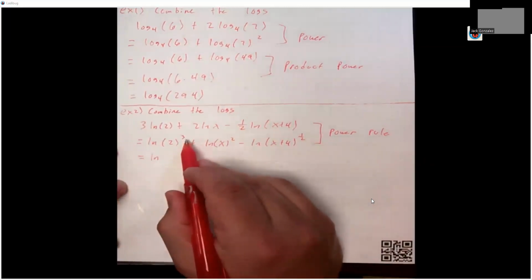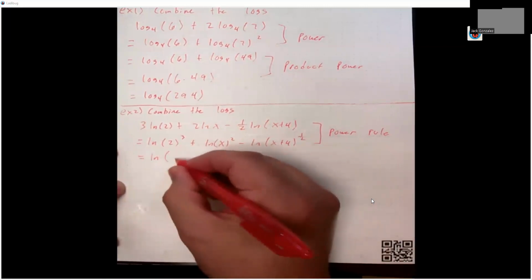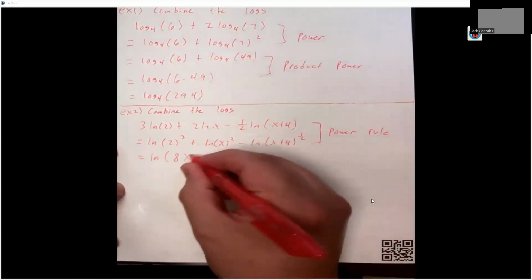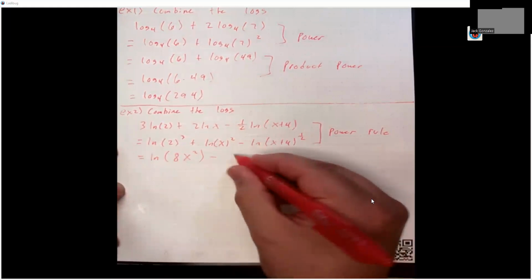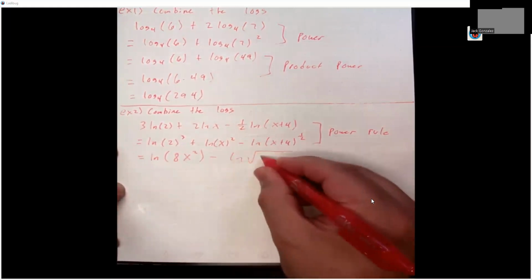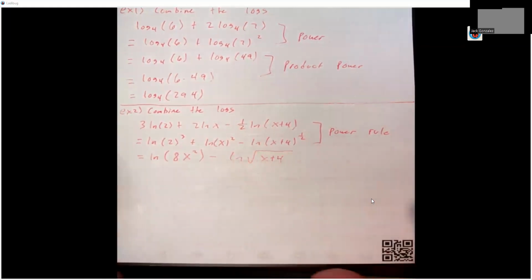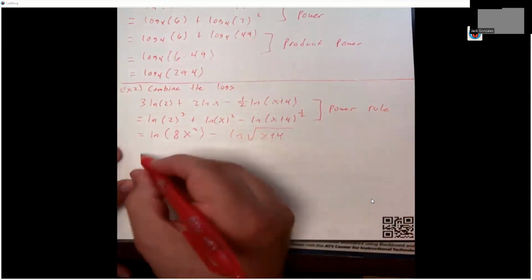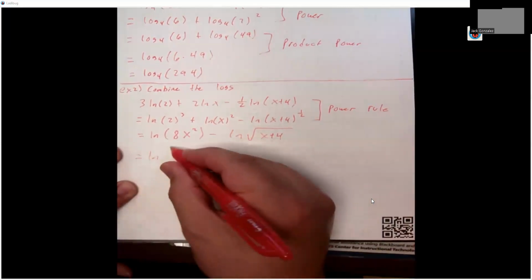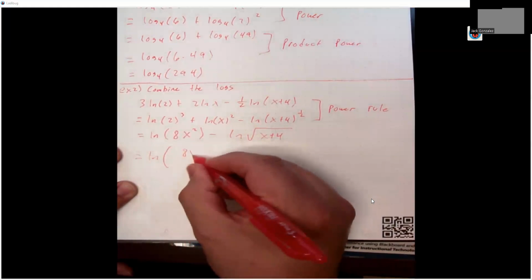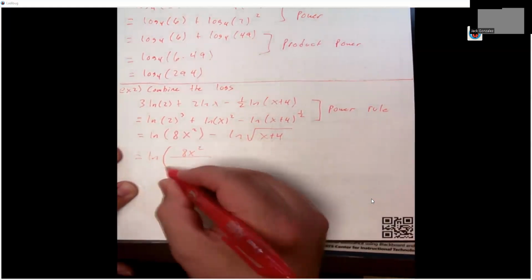2 cubed is 8. So I'm going to combine the 8 and the x squared. And then I'm going to do the square root next, the 1/2 power, square root. Combine into 1 logarithm, and you're done.